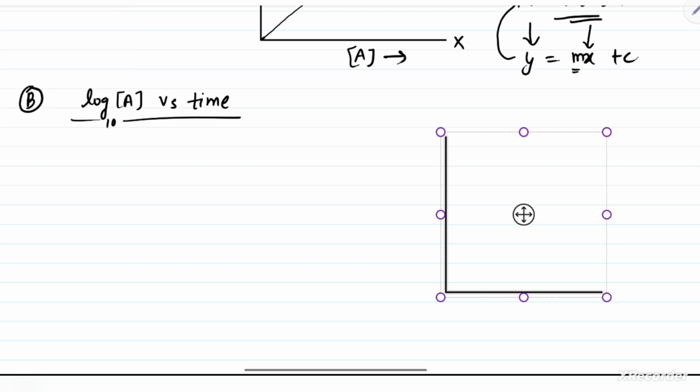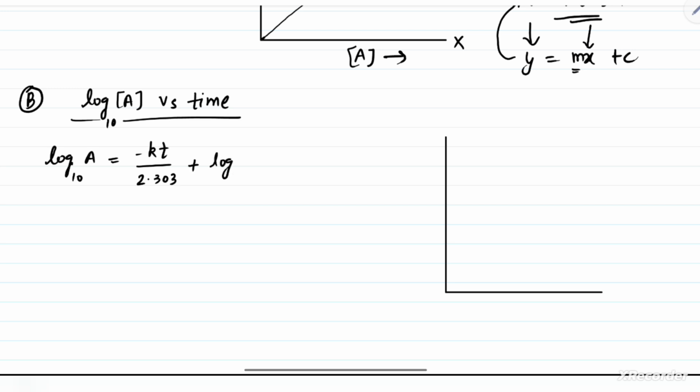What is the equation for a first order reaction? We have already done this, but let us revise. Log base 10 A is equals to minus kt by 2.303 plus log a naught.